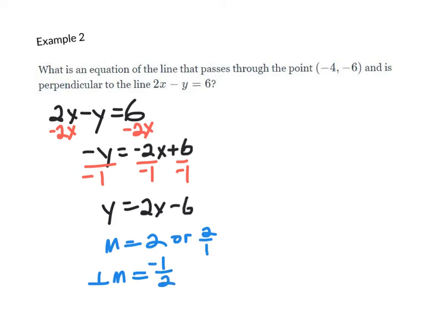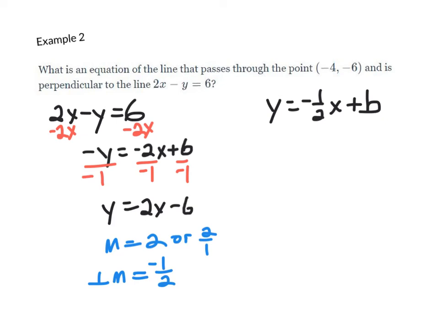So remember, perpendicular slopes are the opposite or the negative reciprocal. So the fraction 2 over 1, the reciprocal is 1 over 2, and it was positive, so it becomes a negative. So now we're using a slope of negative 1/2 in our new line. So our equation is going to be y equals negative 1/2 x plus b.